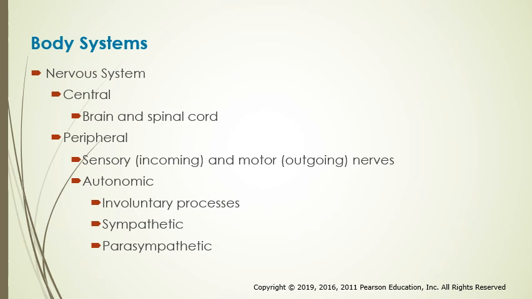Central is your brain and spinal cord. That's the computer. Peripheral is your sensory, so anything incoming, and motor is outgoing. The autonomic nervous system, which is part of the peripheral, is just things that happen automatically, like your heartbeat, respirations, things like that. And it has a sympathetic and parasympathetic side.